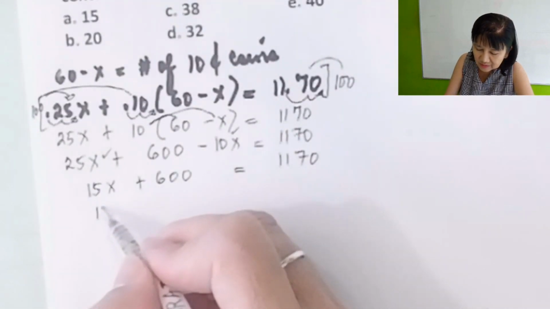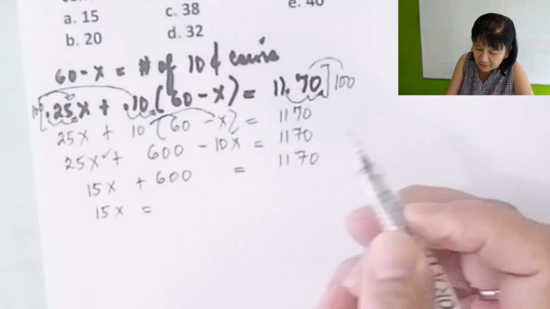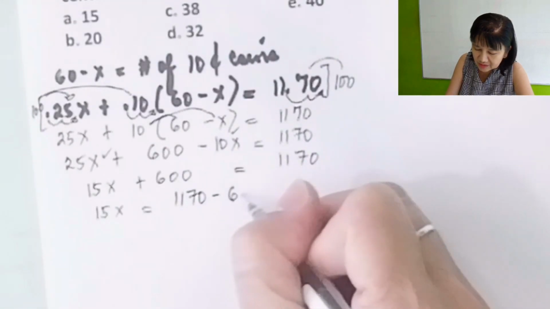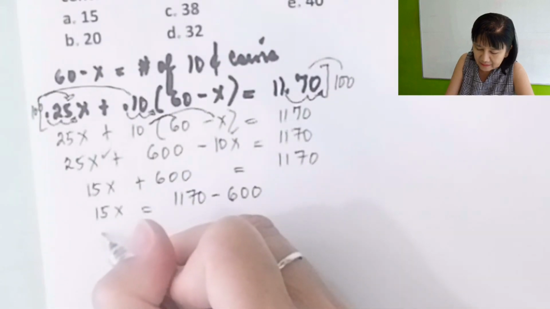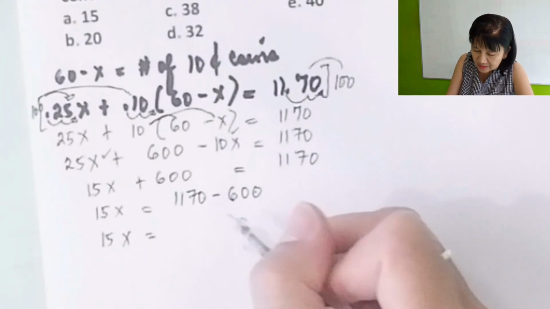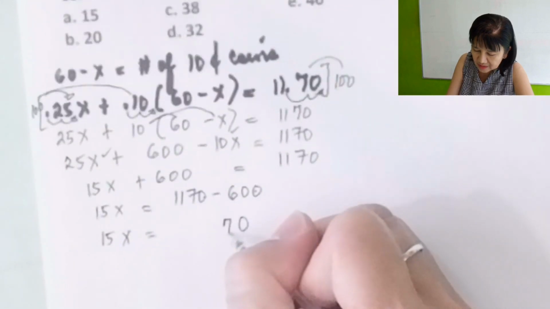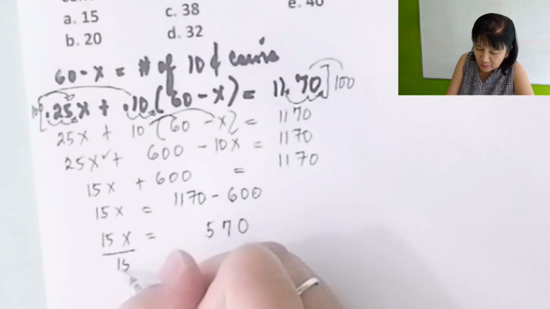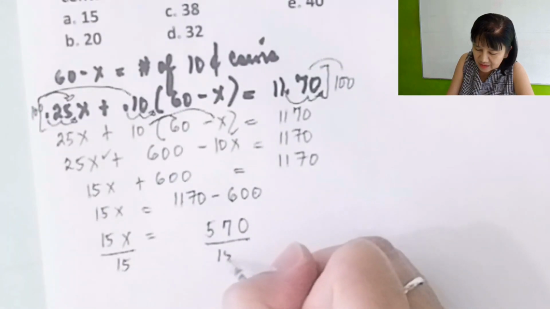Transpose 600 to the other side, so we have 15X equals 1,170 minus 600. So 15X equals 0 minus 0 is 0, 7 minus 0 is 7, 11 minus 6 is 5, so 570. Then to isolate X, divide both sides by 15.